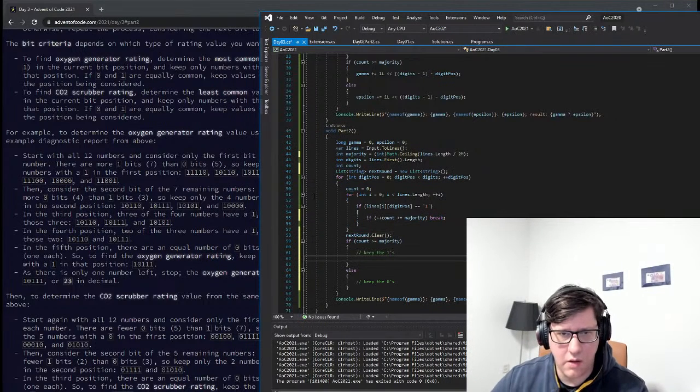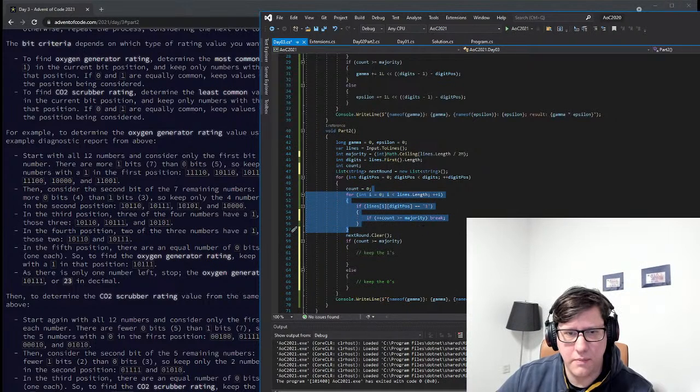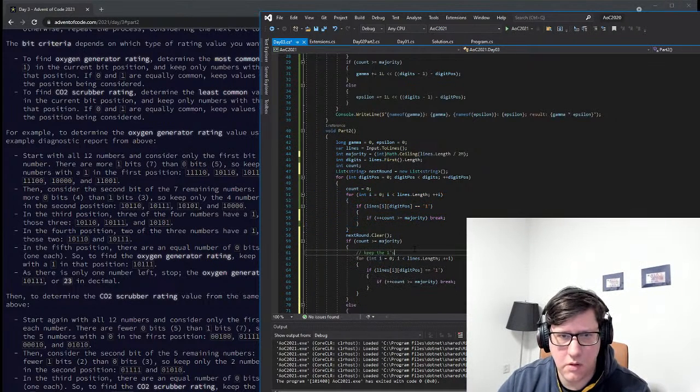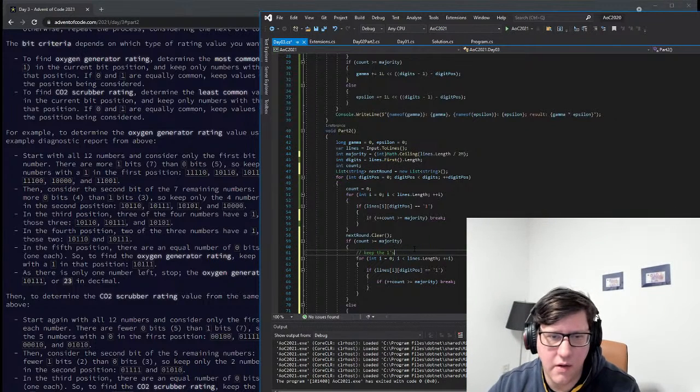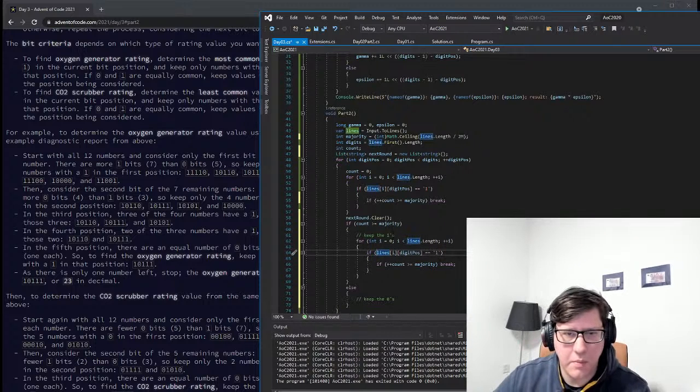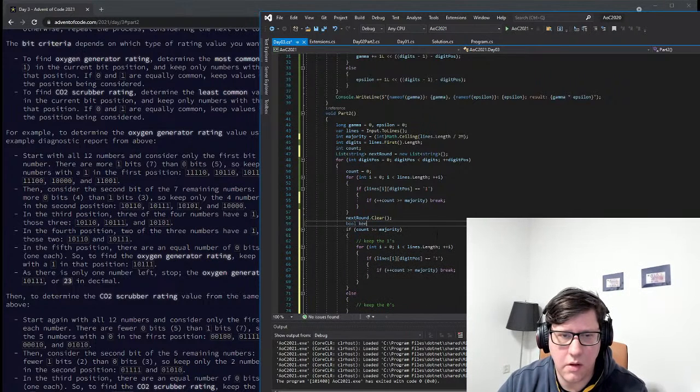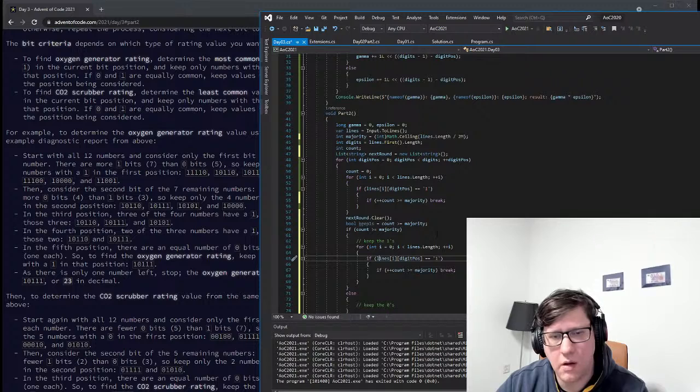So now we can loop through the lines again. Actually, it's outside that loop, so it doesn't really matter. I just think you need to change the array. I'm just doing it lazily like this, and it's okay. Bool keep ones, all that. Let's see.